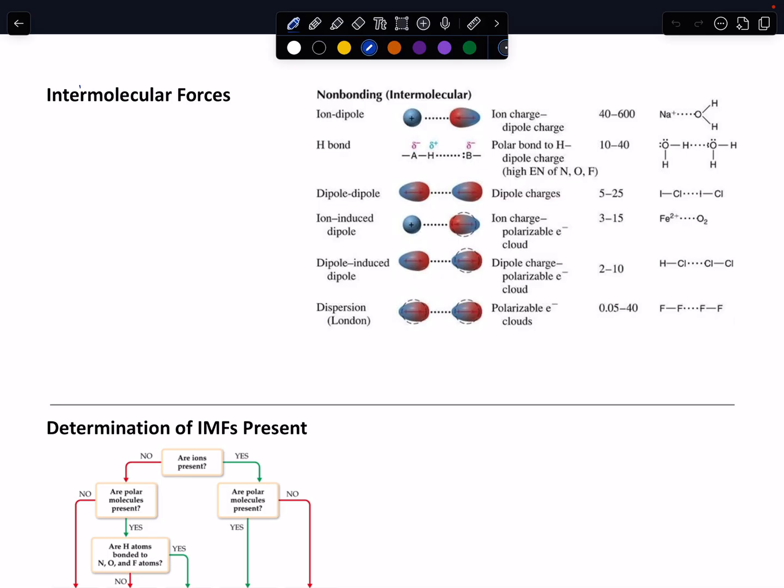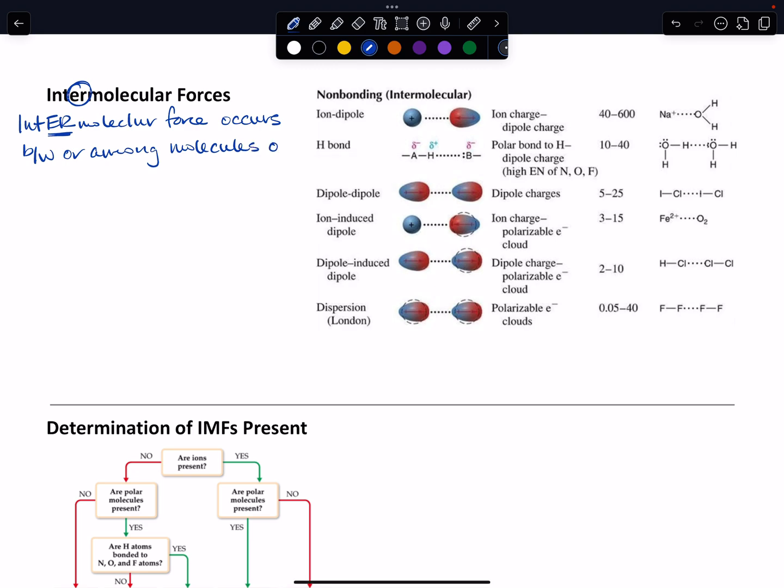All right, so as a reminder, the important part of the word intermolecular forces is that "er." All right, that intermolecular force occurs between or among, depending on what you're thinking, molecules or elements.